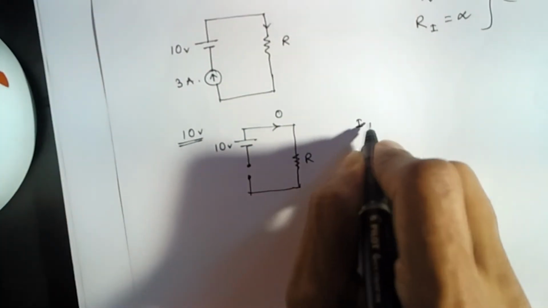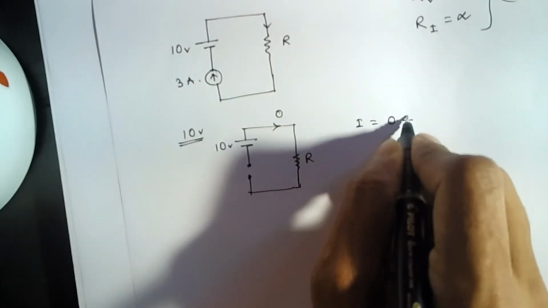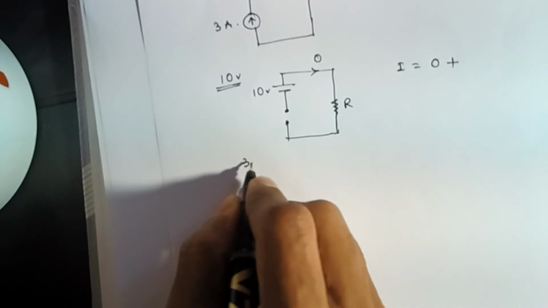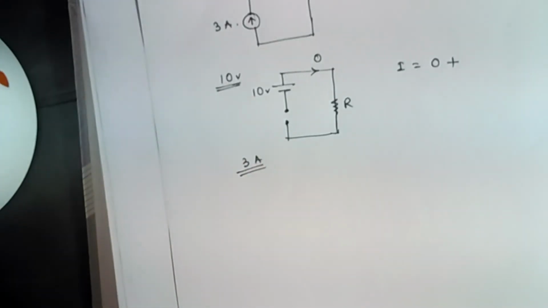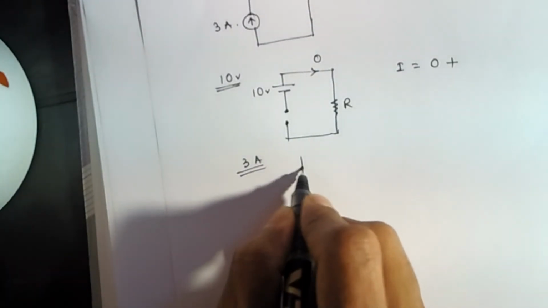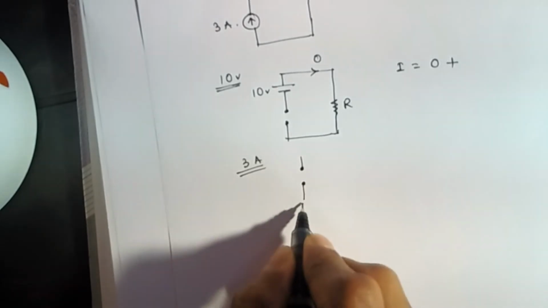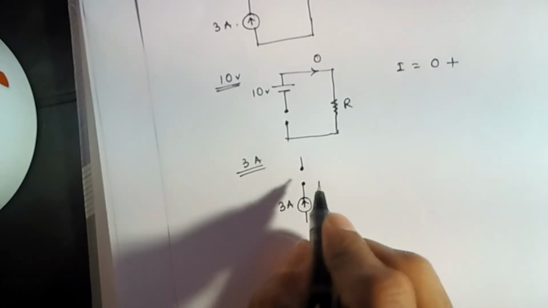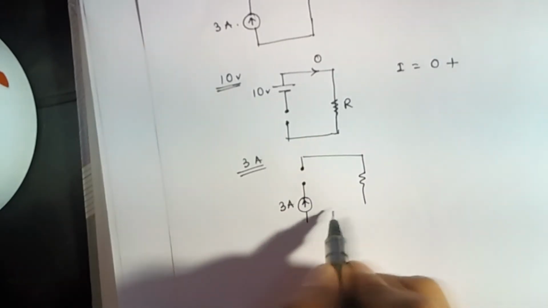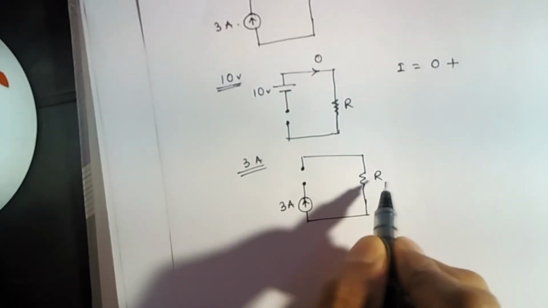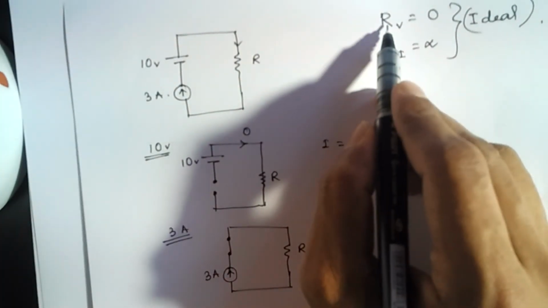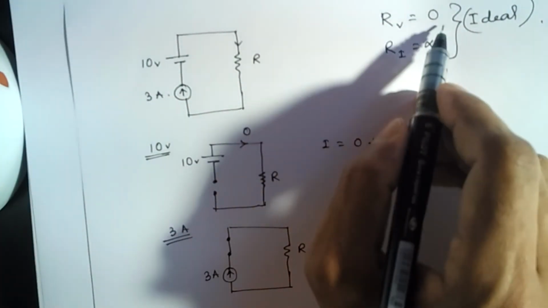So current equals 0, plus, when we consider the 3 amp current source, the equivalent circuit will be this 3 amp current source and this resistor. The voltage source will be short circuited because its internal resistance is 0.